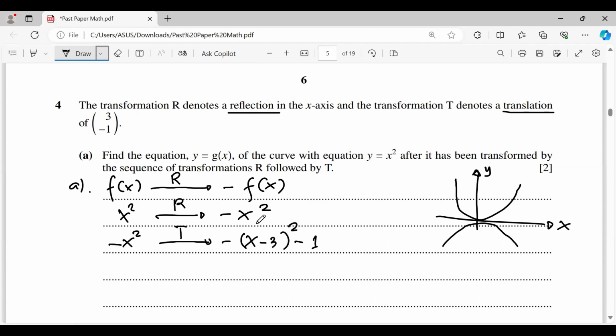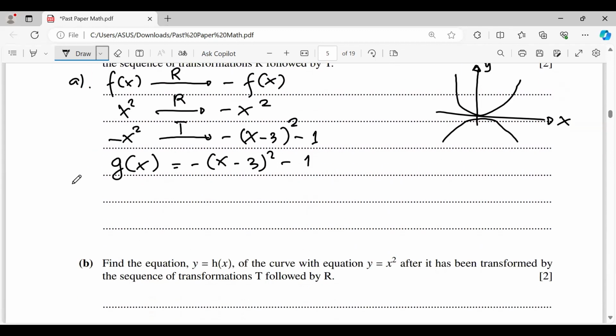Okay, x minus 3 squared, because this is x squared, right? So it means g(x) equals minus (x minus 3) squared minus 1. That's the g(x). Now B.